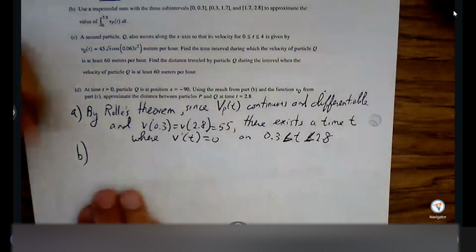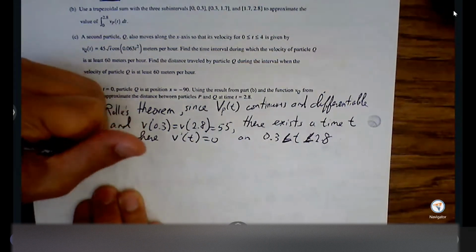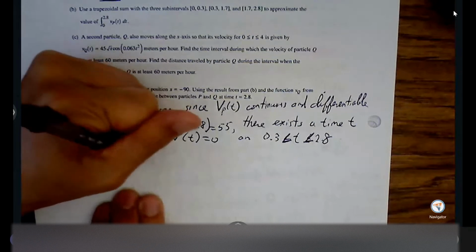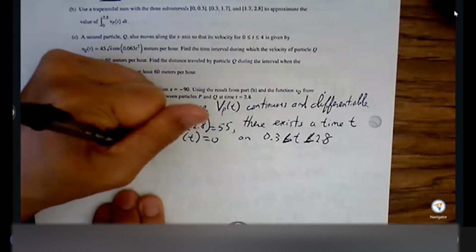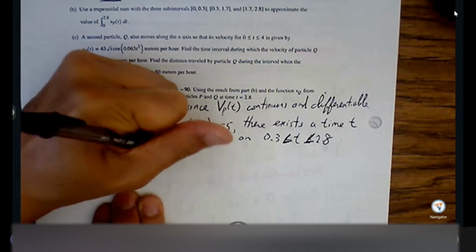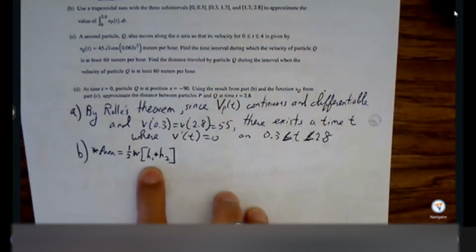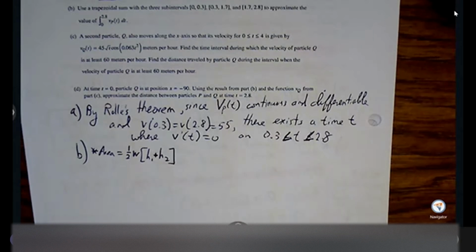So trapezoid approximation, make sure we memorize this formula. You can almost guarantee that there's going to be some trapezoid approximation showing up somewhere on the test, either multiple choice or free response. But it's 1/2 width, height 1 plus height 2.